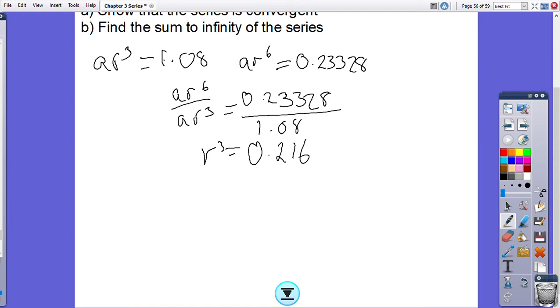That leaves you with R cubed, so R equals 0.6, which means that mod R, whether it's positive or negative, we make it positive, is less than 1. Therefore, it's convergent.